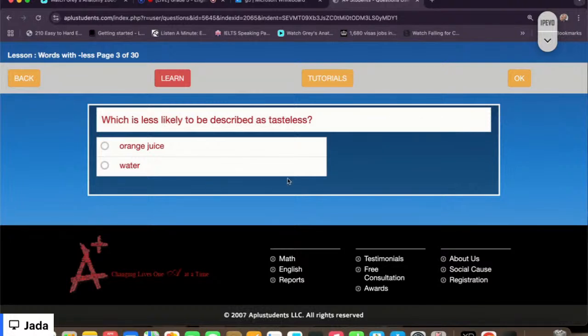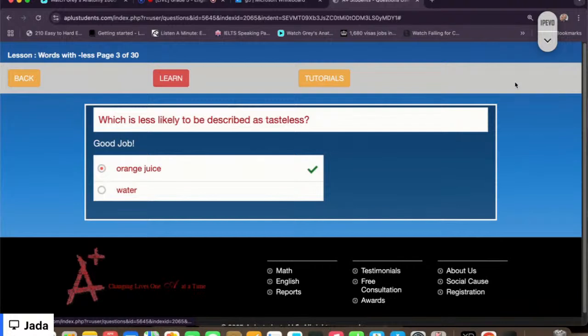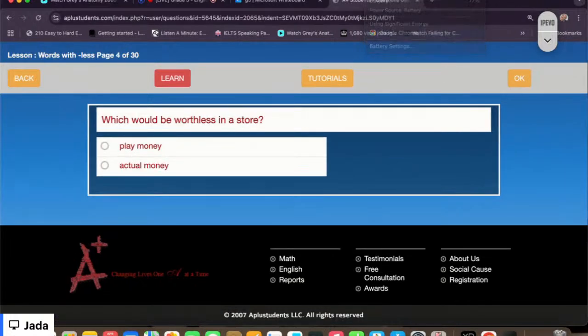So tasteless would be what? So oranges would be less likely to be tasteless because they are sweet, which would be what less in a store?